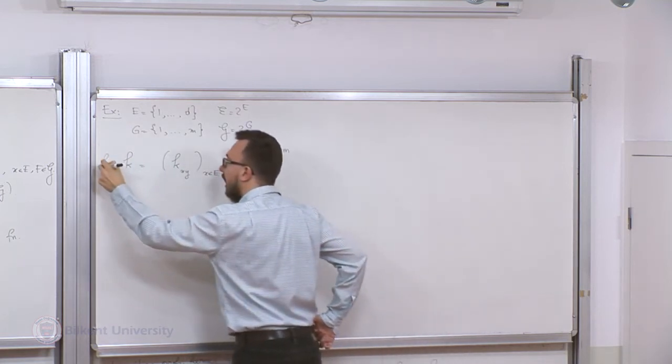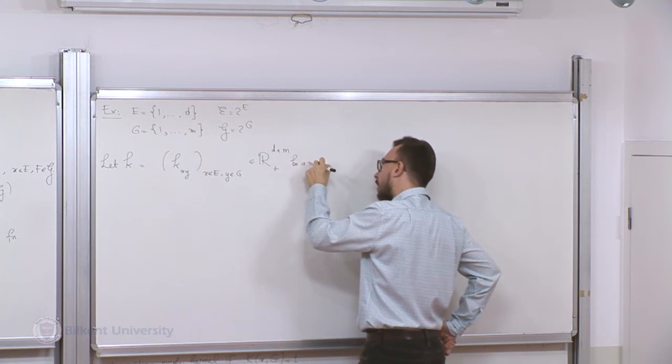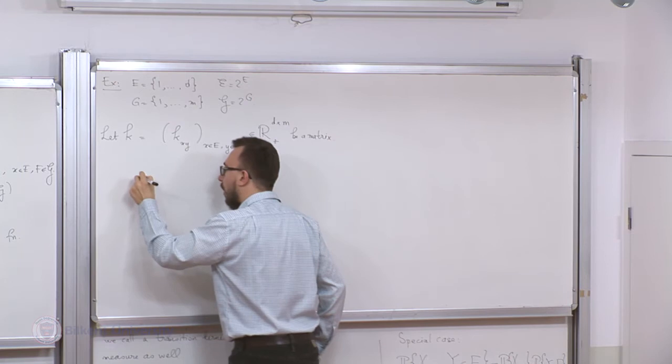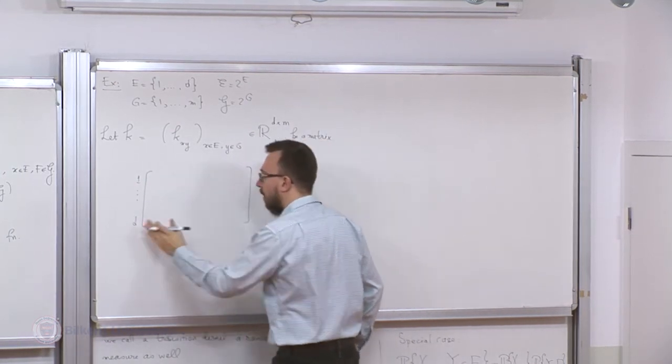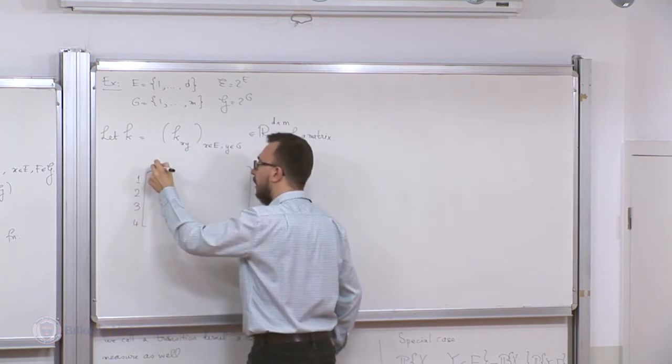So let me put D equals 4 and M equals 5.